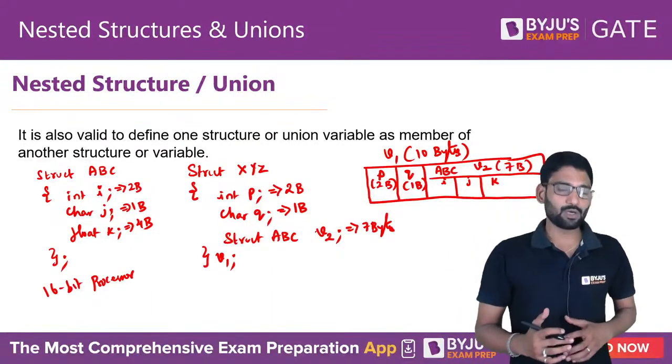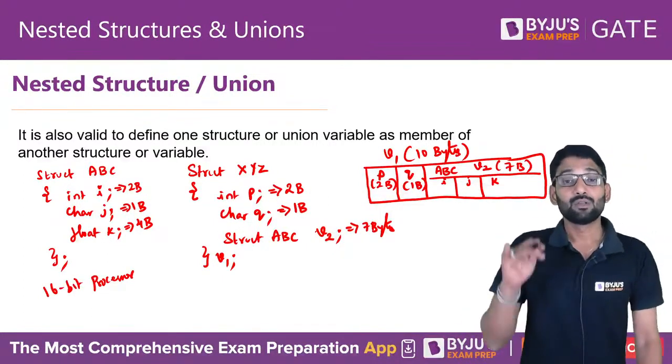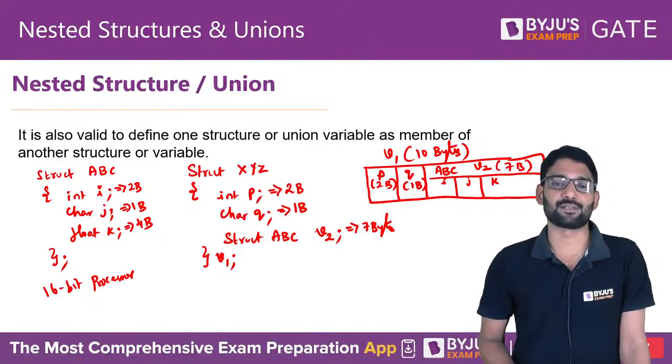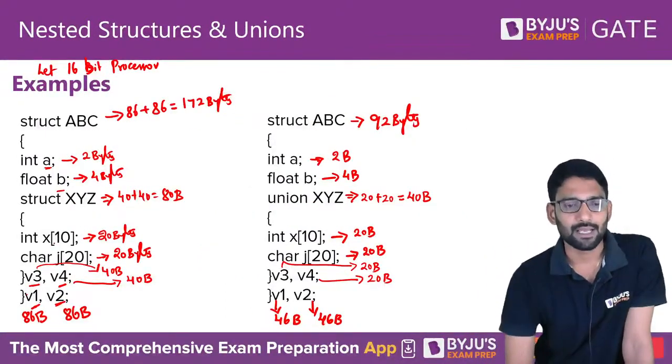Now, if you want to access these inner members, how can you access? Through variables you can access, dear friends. For example, I would like to access x. How can I access?